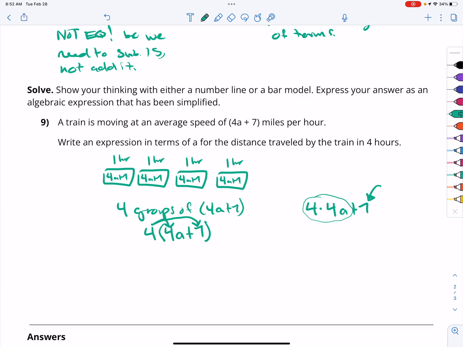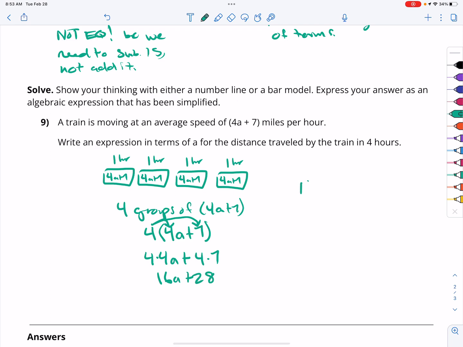So those parentheses are really, really important. So 4 times 4a plus 4 groups of 7 means we get 16a plus 28.